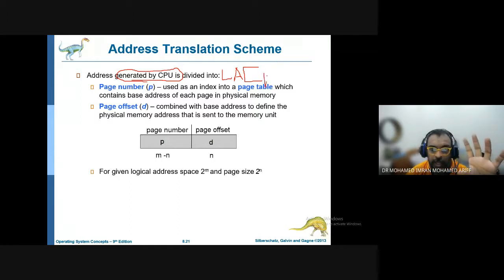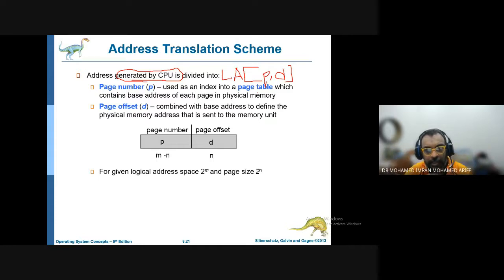One is the page number, P, and another one is the offset address, D. So when the CPU comes up with a logical address, there are two pieces of information: the page number and the offset address. So you always remember page number and offset address.